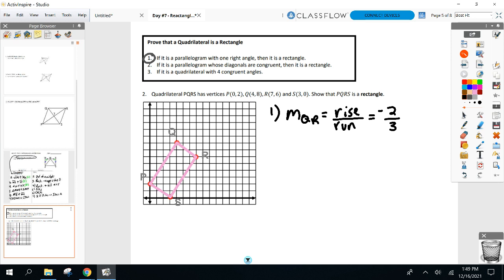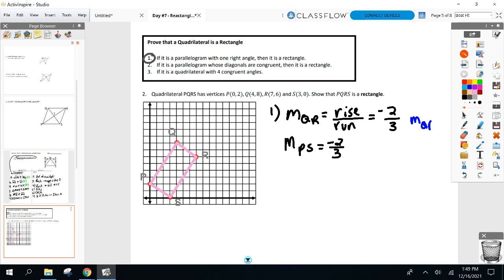All good? All right, go ahead in your group. Let's find the slope of PS. Up and over how many? And shockingly, what did it come out to be? Negative 2/3, it should, because I'm trying to get opposite sides parallel. All right, next up, let's do the slope of QP, everyone.